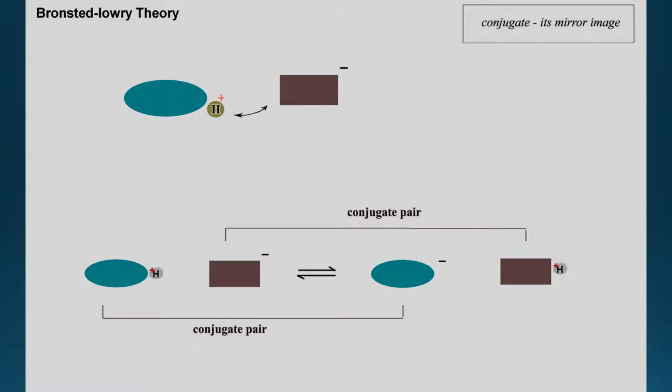Once you define the two conjugate pairs, rule number 2: you want to find out which one is the acid or base. The rule is very simple. Within a pair, whichever has an extra H means acid. So in this pair, you can see this one has one H more, so this must be the acid.